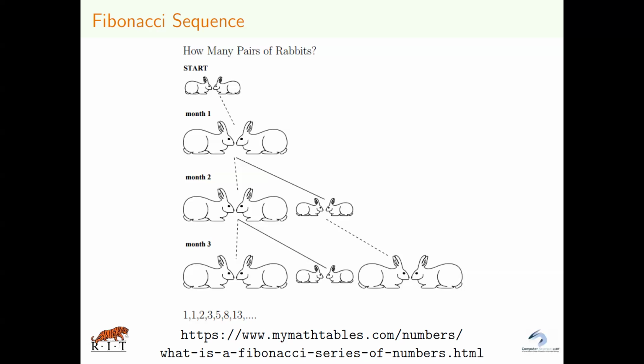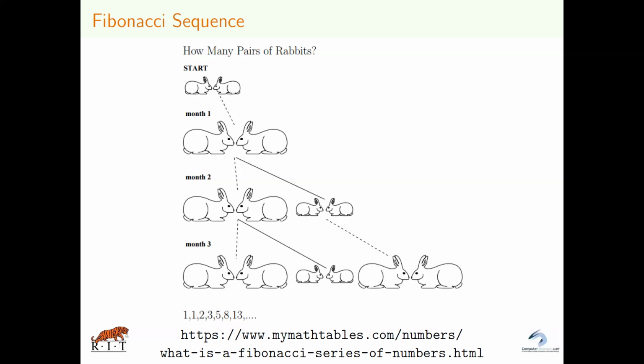And they grew up, so they can produce, and they produce another couple of rabbits. So what we have is the couple of rabbits which we had on the previous month, plus a new couple of rabbits.